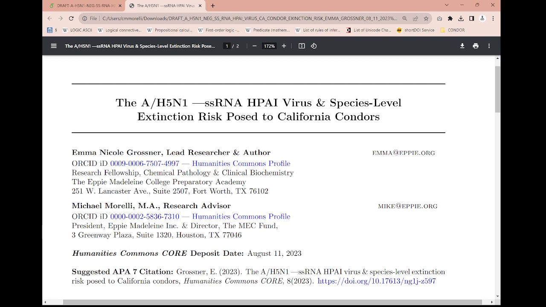Now there's a bit of a difference here. Hemagglutinin is just a straight up protein, and neuraminidase is actually considered to be an enzyme.